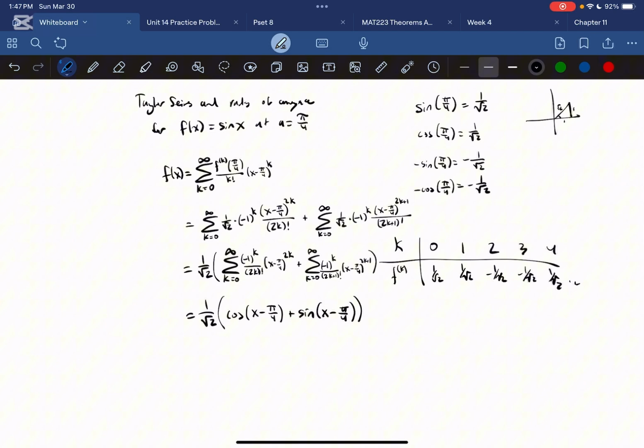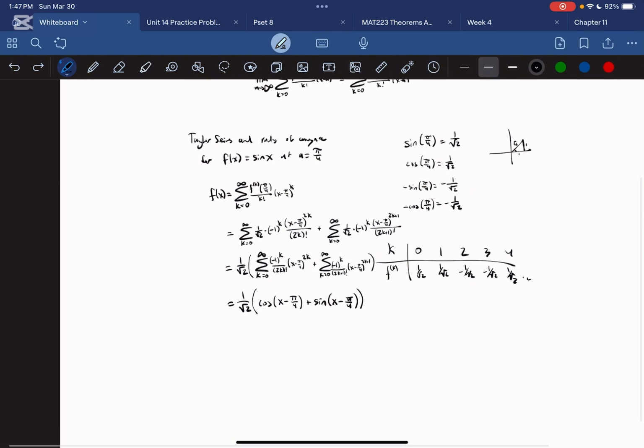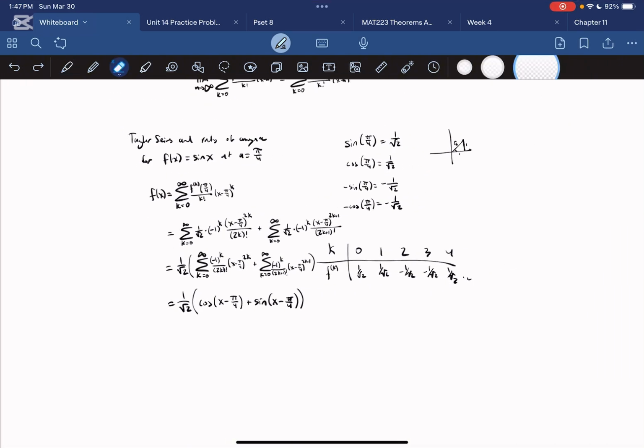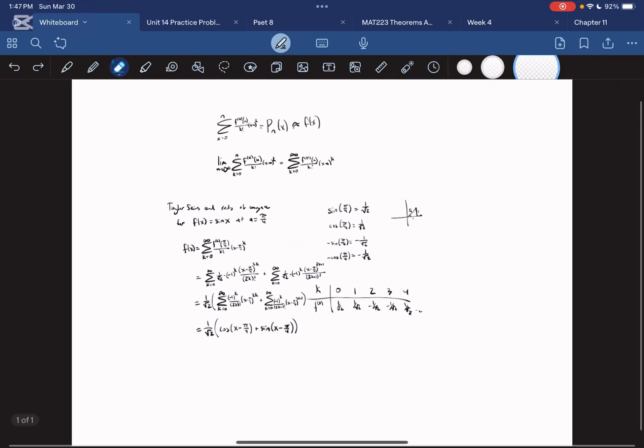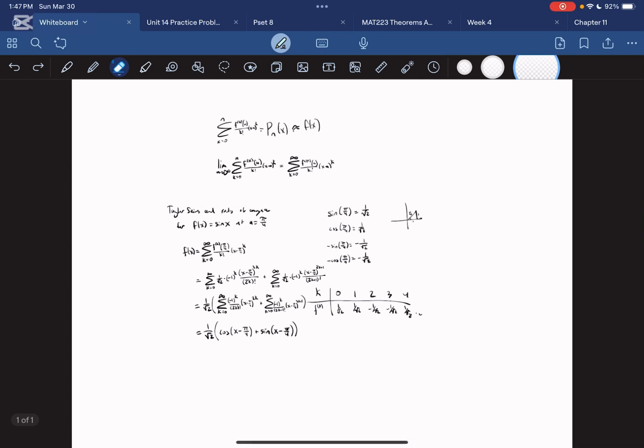Because there's no term in here that is not true outside the real numbers. All of these have interval of convergence real numbers, right? So the final one should also have real number convergence. Great. The question didn't really ask for interval of convergence though, so it's fine.